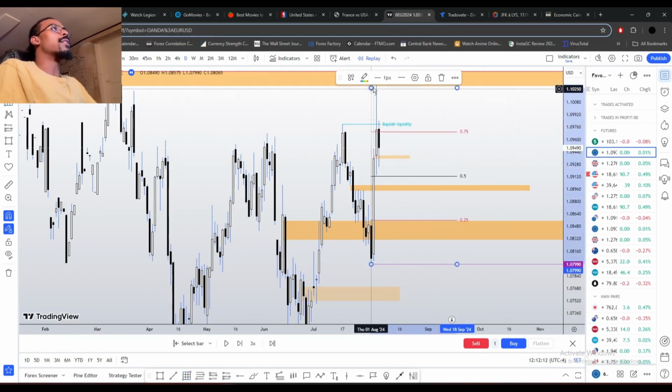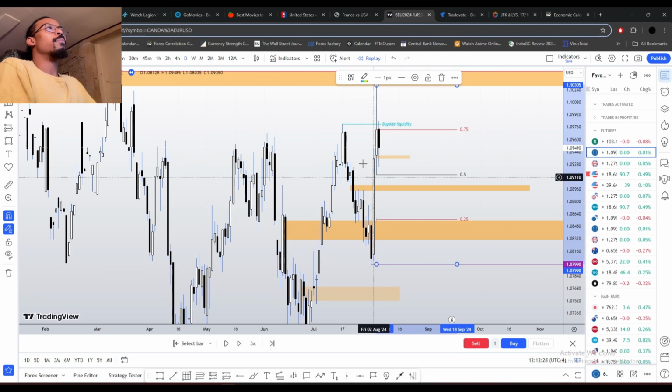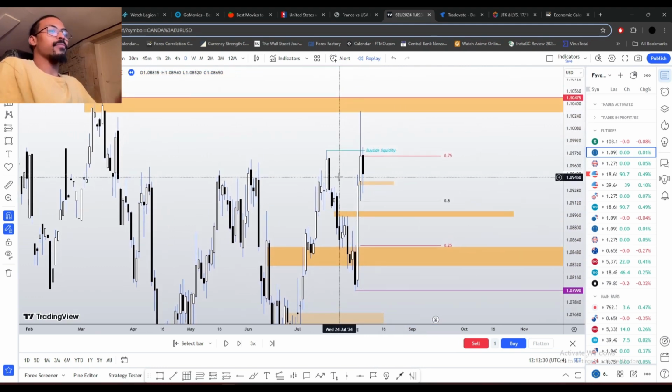So if you look at this discount level, you can see that this inversion fair value gap here with this BISI right here is right below this low, right? So I'm thinking maybe price could trade into there before going higher, right?